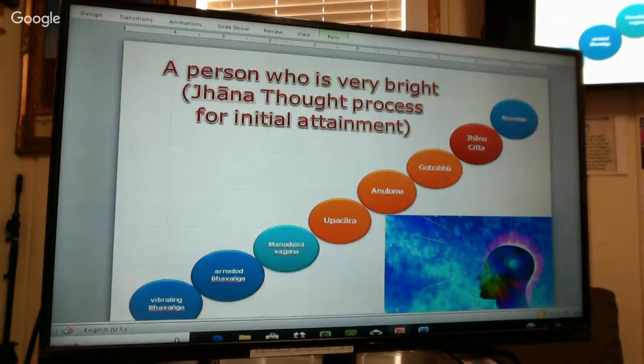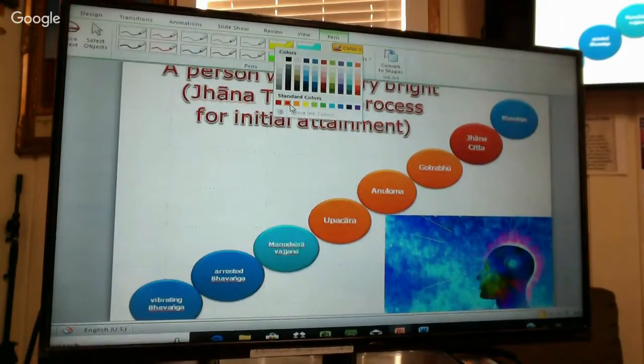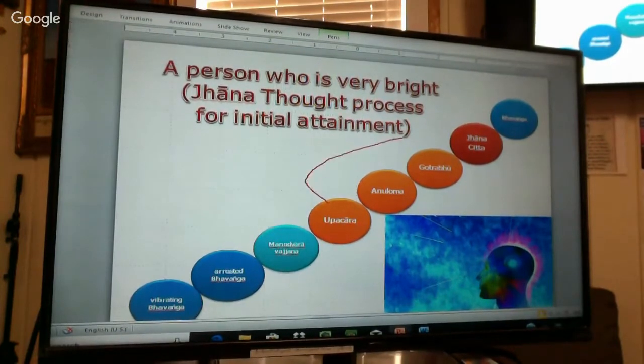Only Upachara, Anuloma, and Gotrabhu, three sense-sphere consciousnesses work, with no preparation, because that person is very bright. So the Buddha explained like this: two different persons.